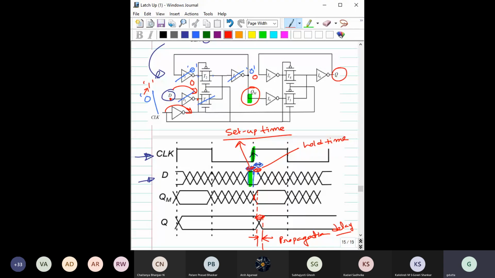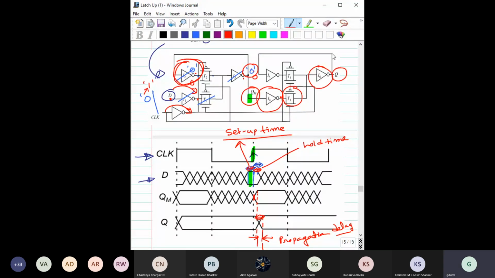No, maybe not completely, because when this data is available here, plus the delay of this, we have already considered within this delay, the setup time delay. So this one inverter delay we have already calculated extra there, so maybe we can compensate that delay with this, because when this has to transfer to this, during this time, this will also be transferred to here. Then after that, it is basically the delay of this and the delay of one more inverter.